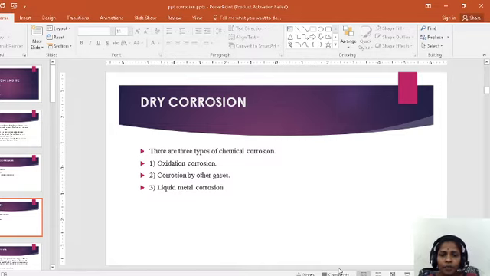So these types of chemical corrosion depend on the nature of chemicals in the environment. Depending on that, chemical corrosion is of three types: oxidation corrosion, corrosion by other gases, and liquid metal corrosion. Let us see one by one what they are.